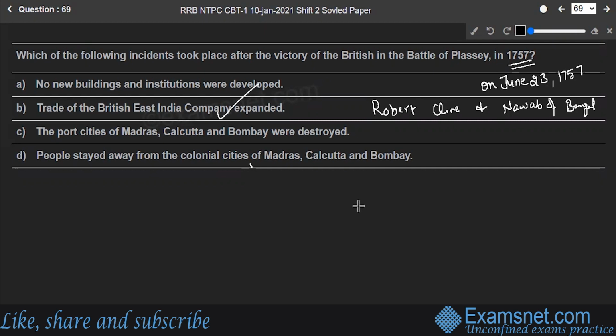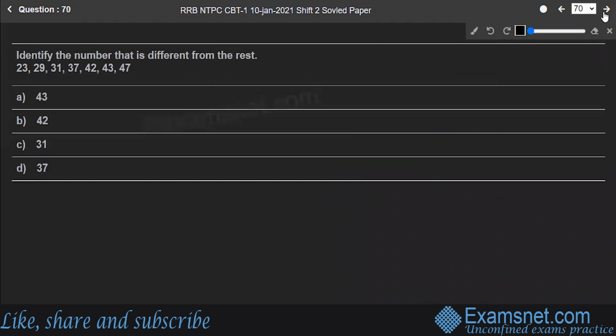It resulted in a decisive victory of the East India Company over a much larger force of Siraj Ud-Daulah. After the Battle of Plassey, the British virtually monopolized the trade and commerce of Bengal. So we have option B as the correct answer to this question. Next is question number 70.